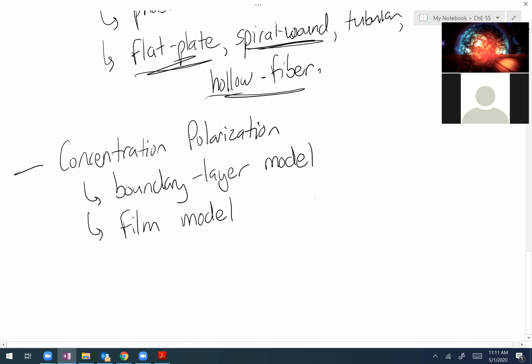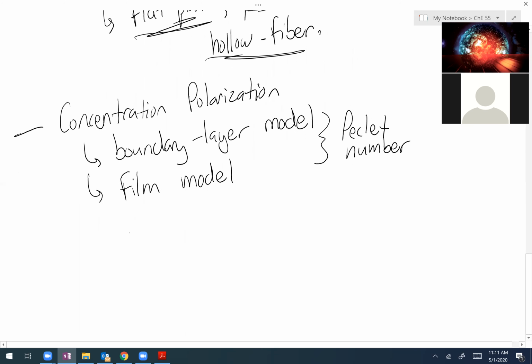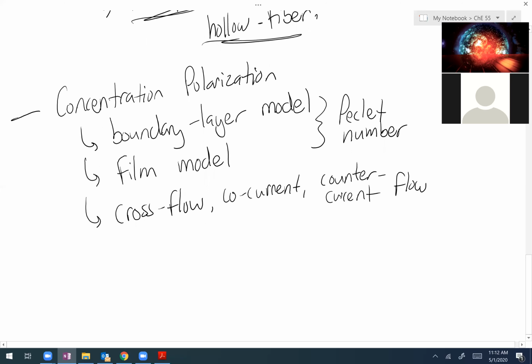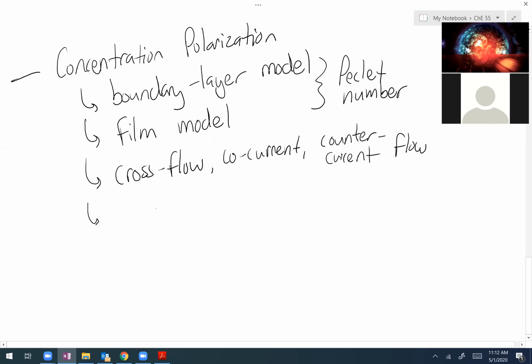Right, and so, how Peclet influenced that. We talked a little bit about cross flow versus co-current versus countercurrent. And how this applies to both liquid and gas-based separations.